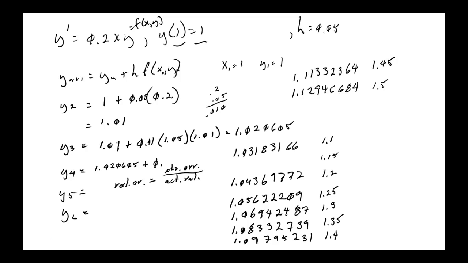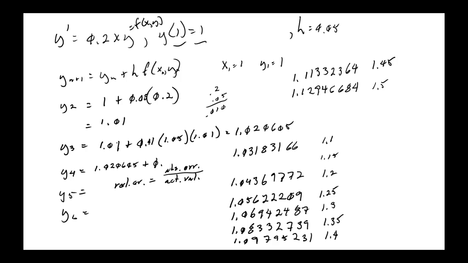And if you look at the table here, at 1, we know those exactly. That is the exact value, so the absolute error is 0 and the relative error is 0. At 1.1, the actual value was 1.212.